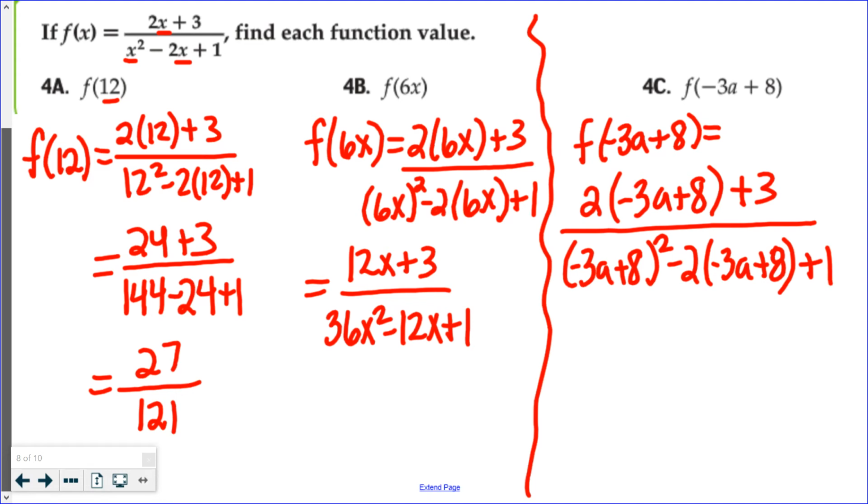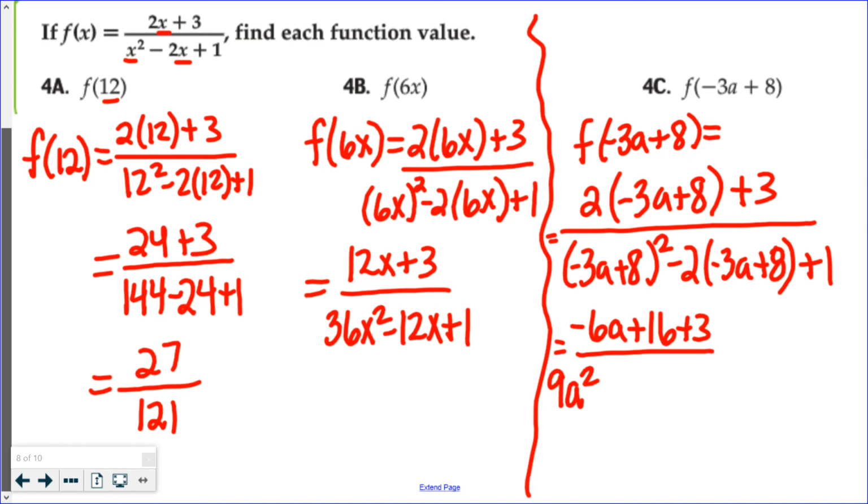We're going to simplify that down a little bit. So 2 times negative 3a would be negative 6a. 2 times 8 is 16, plus 3. On the bottom, we've got negative 3a plus 8 squared. So negative 3 times negative 3 would be 9a squared.